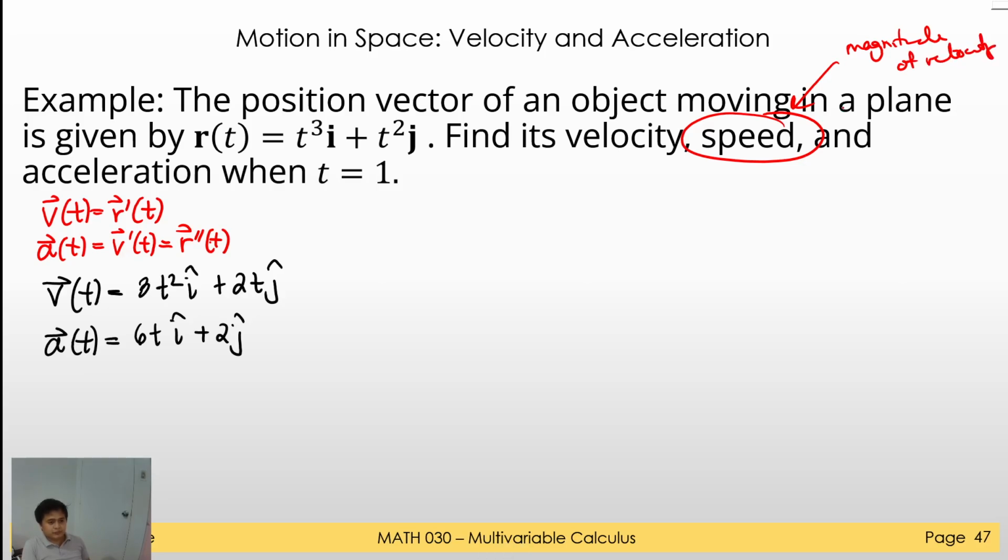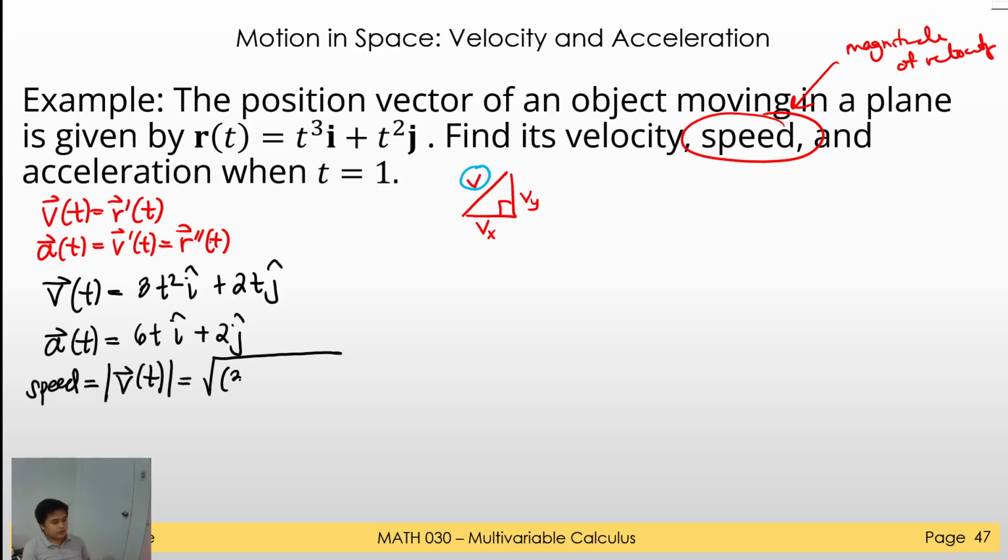What does that mean? If you have a velocity vector, let's say this is your Vx, this is your Vy, then your speed here is your V, your hypotenuse. So if this is your velocity vector, then your speed is equal to the length of your velocity vector, which is the square root of the sum of the squares of its components.